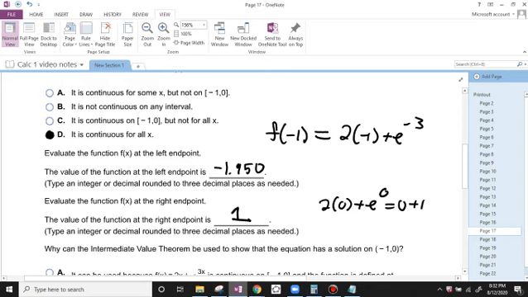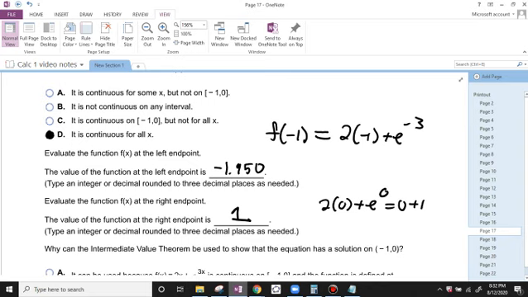So now we've got a function. We don't know that much about it, but I know at negative 1, it's about negative 1.95. At 0, it's 1. If I were to draw this function, it starts off negative and then ends up positive and it's continuous, so it has to hit every number between negative 1.95 and 1.